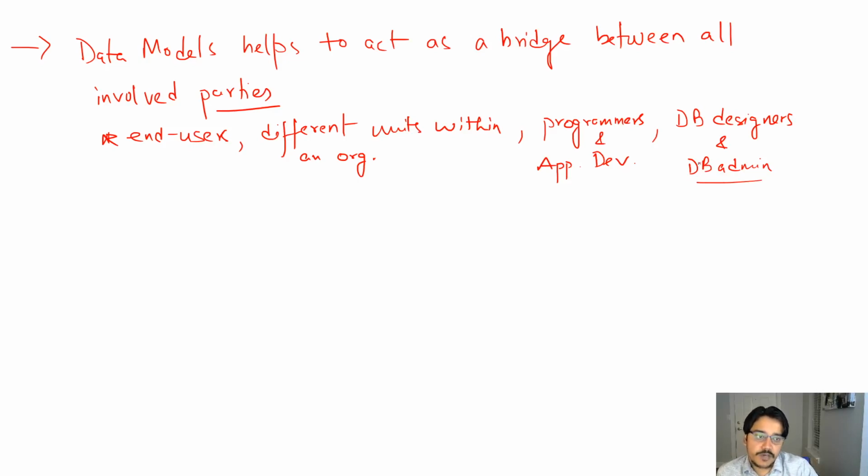Okay, so what is important for us to pay attention to is that each of these different involved parties will have a different perspective of how the data needs to be stored, what data needs to be stored, and what kind of functions they want to perform on that data, right?